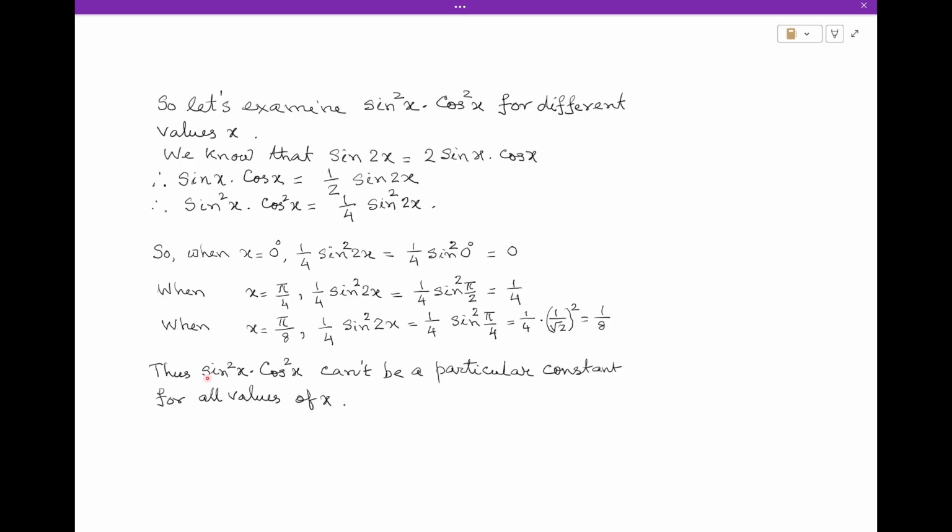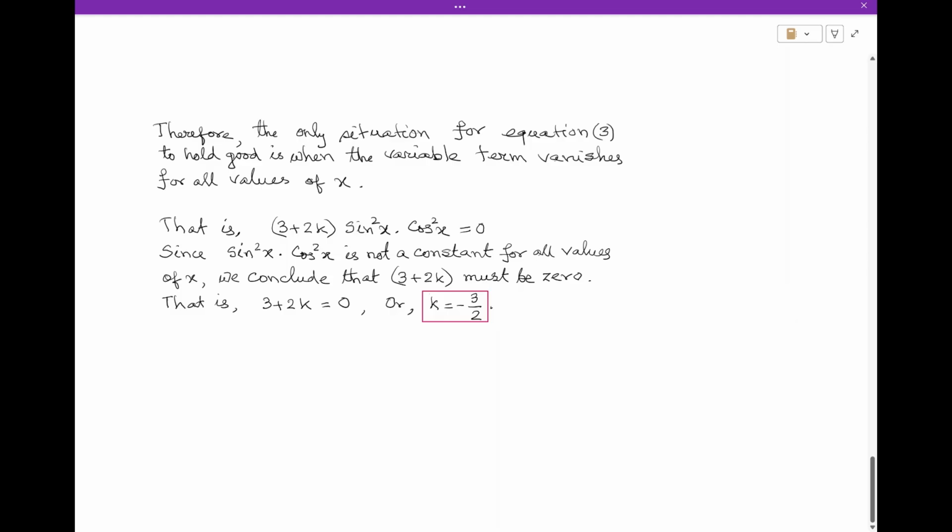Thus, sin square x multiplied by cos square x cannot be a particular constant for all values of x, because we have seen for 3 different values of x, the values of sin square x multiplied by cos square x are 3 different constants, not one particular constant.